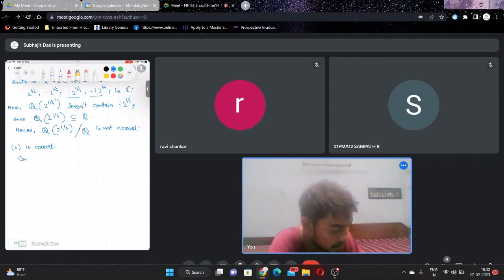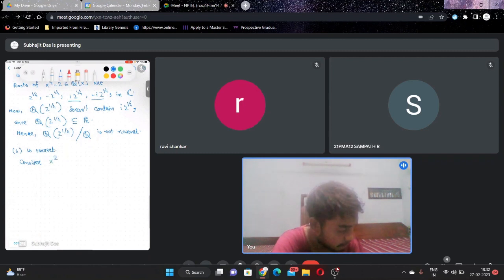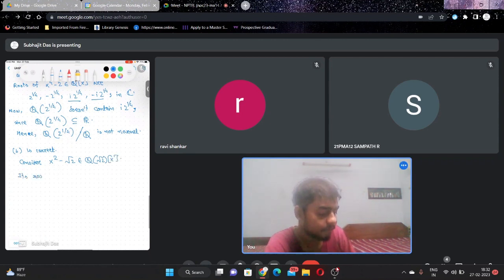So consider the polynomial x square minus root 2 in Q(root 2)[x]. Its roots are 2 to the power 1 by 4 and minus 2 to the power 1 by 4.